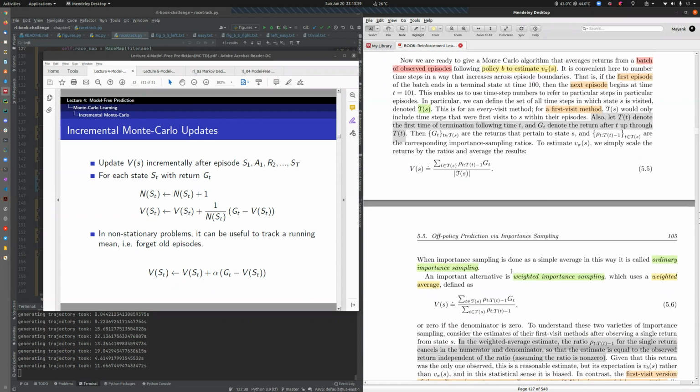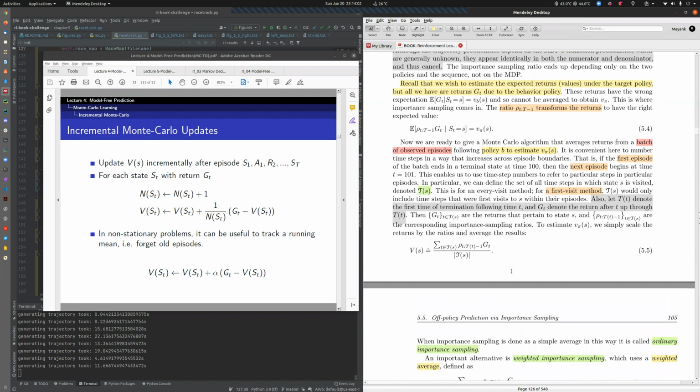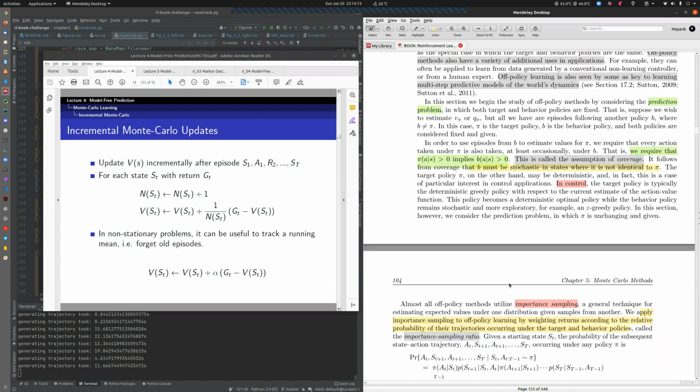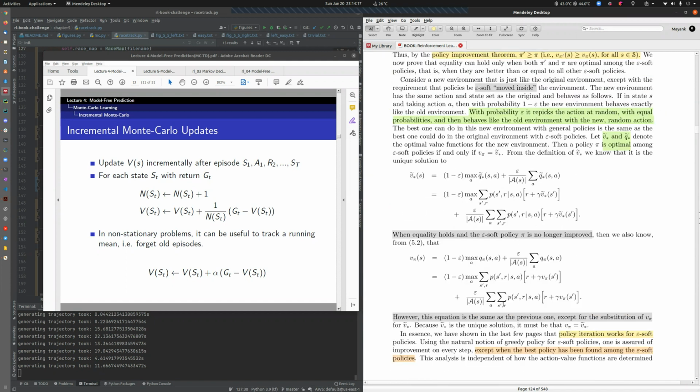So instead of following the policy b to estimate v_pi, we will be using the Q term. So let's take the max of this.